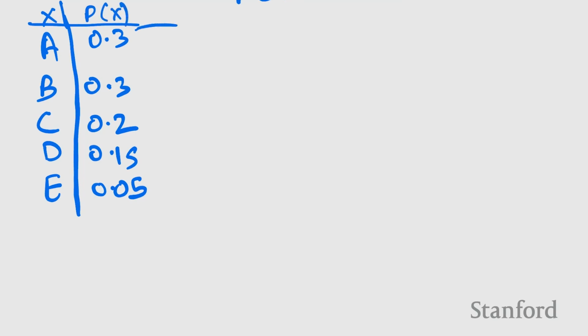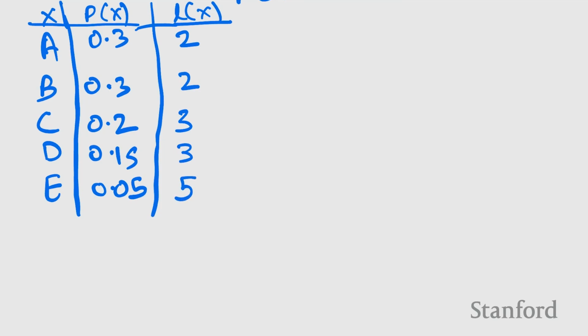Px is the probability of the symbol. And let's compute L of x, which I computed at home to save us time. So 2, 2, 3, 3, 5. And then as we work through it, we will assign these code words. But when we start, we don't have anything to go with.